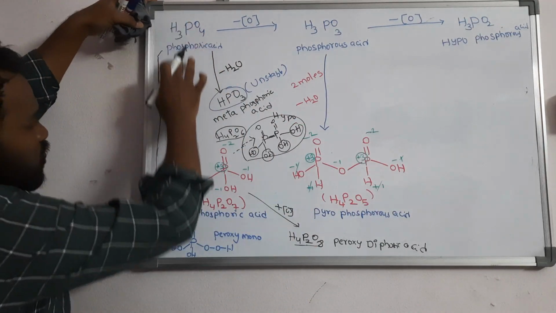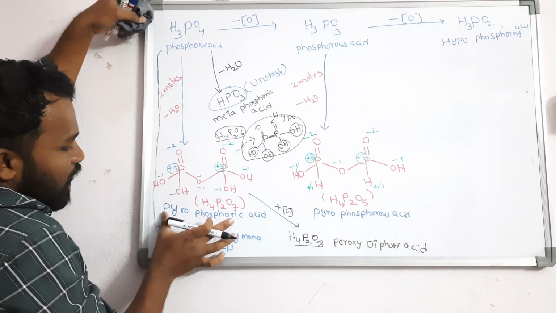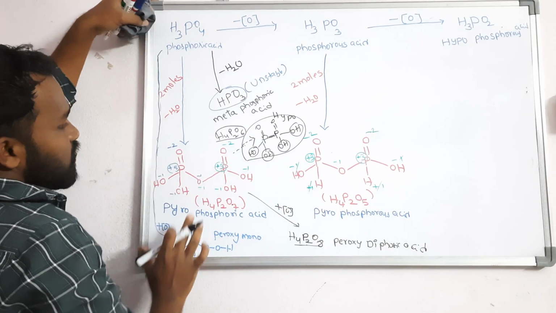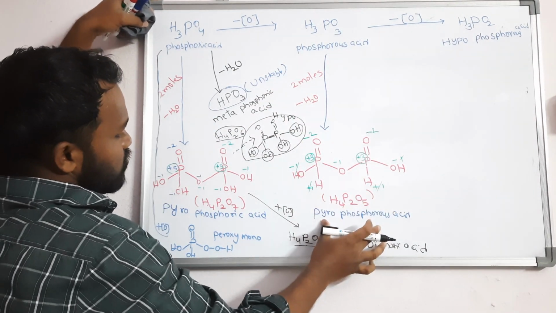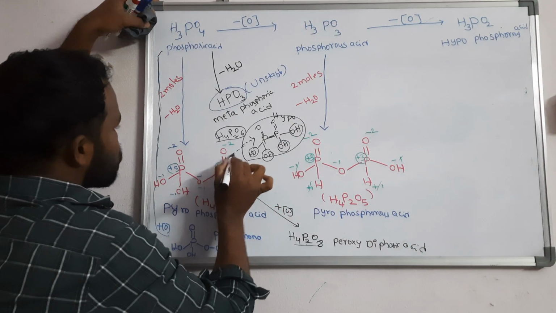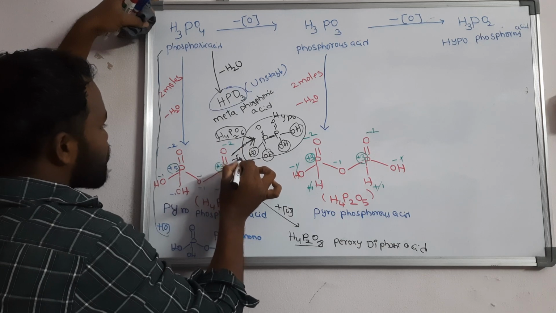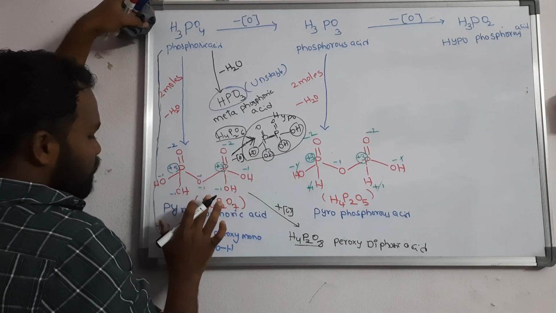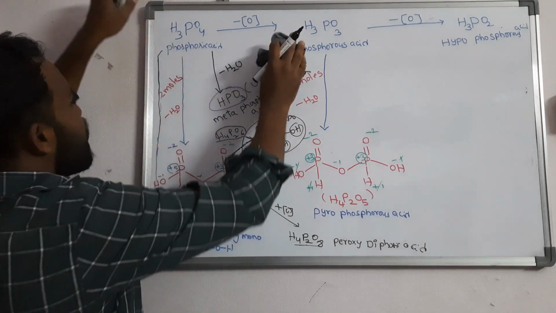After writing this, take 2 moles and remove one water, you will get pyrophosphoric acid, right? Same, 2 moles, remove the water, then pyrophosphorus acid. After writing this, go directly to the next step: remove one more oxygen from here, and you get the hypo structure.